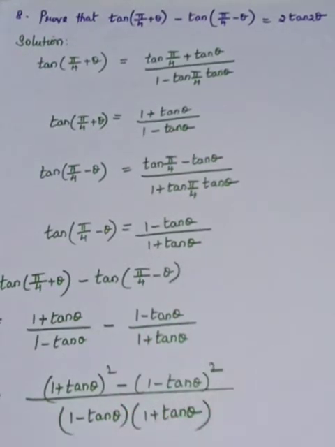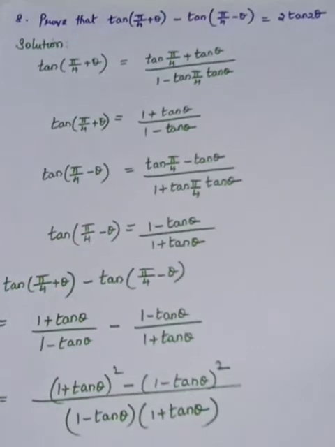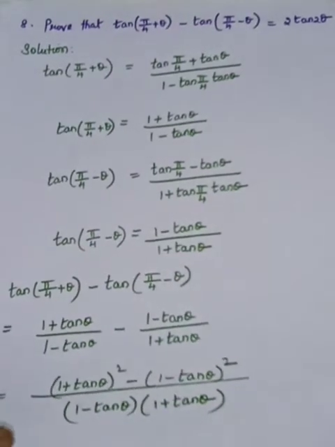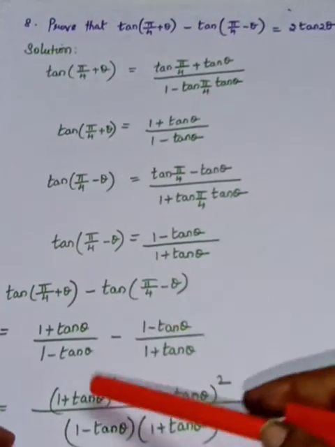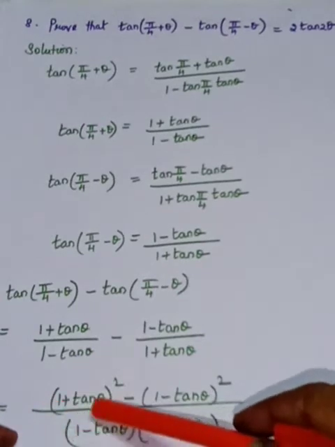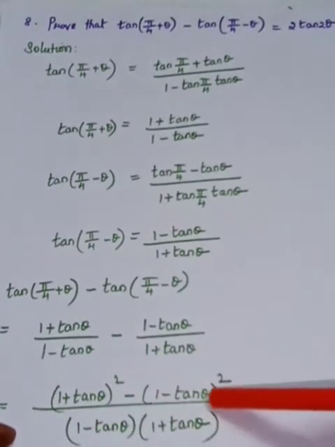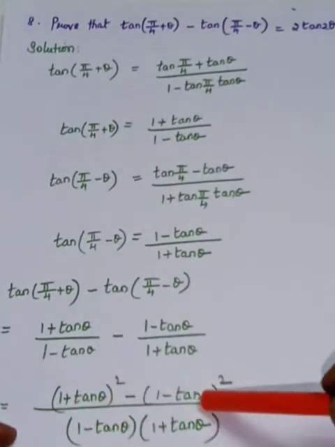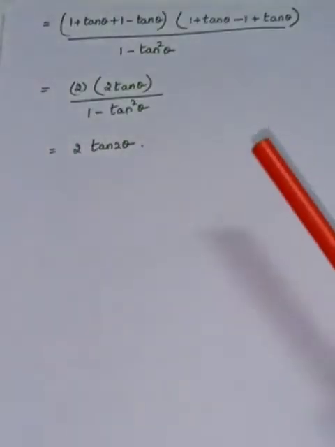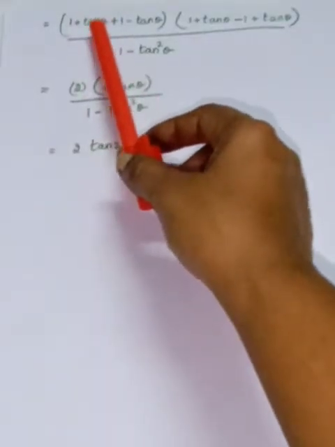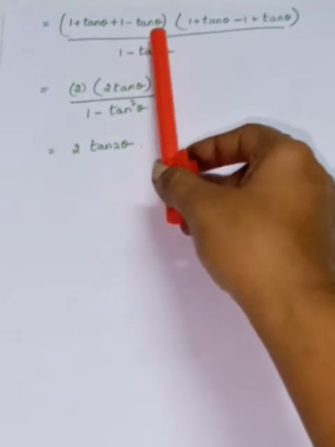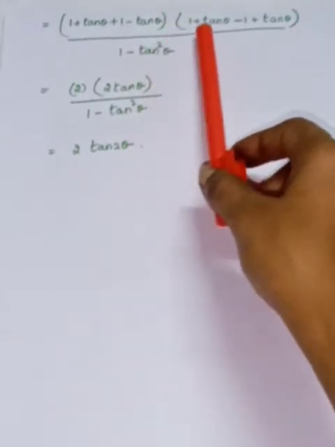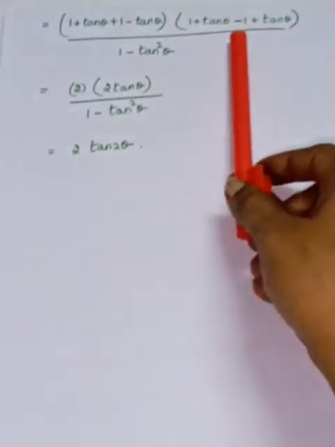So here I have used the algebraic identity a squared minus b squared. So what is the formula? a plus b into a minus b. So this term is your a and this term is your b. So when you add, it is 1 plus tan theta plus 1 minus tan theta. So next what has to come? a minus b.